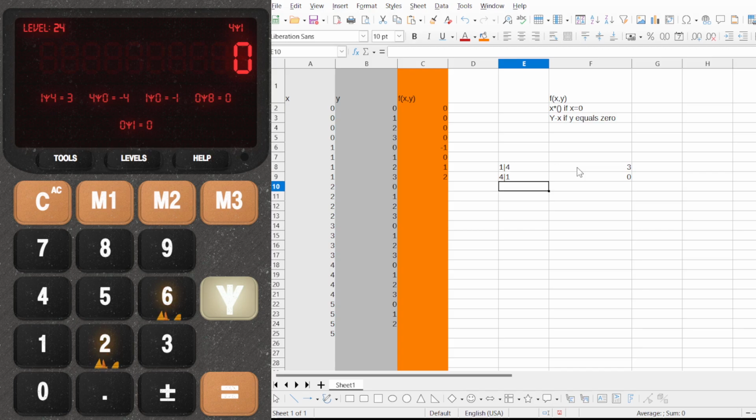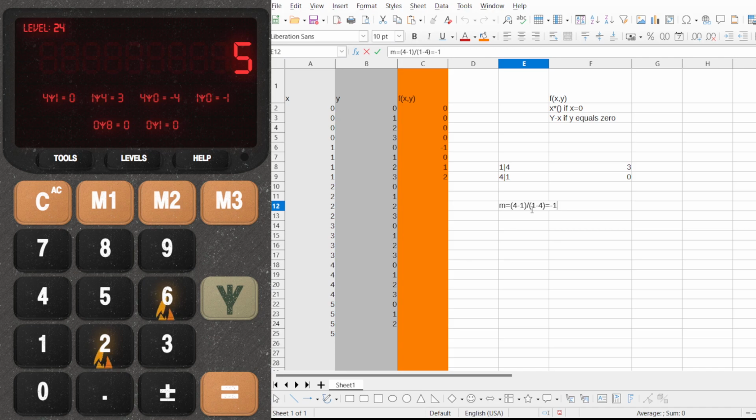Let's assume that this is a function, assuming I can't show the graph, but assuming it is a linear function. In that case, it would mean m equals... this is so annoying. Okay. 4 minus 1 divided by 1 minus 4, which would equal minus 1 if I'm correct, minus 3, yeah, minus 1.